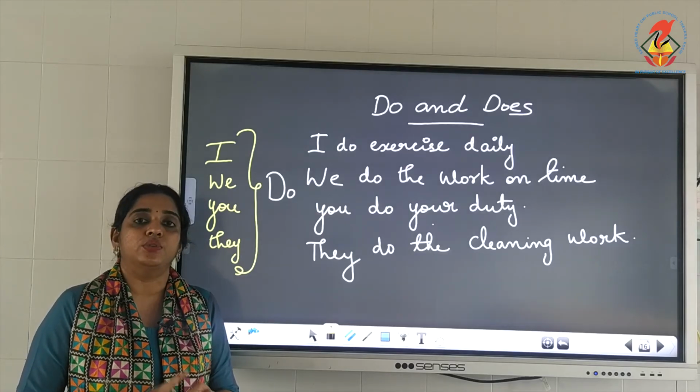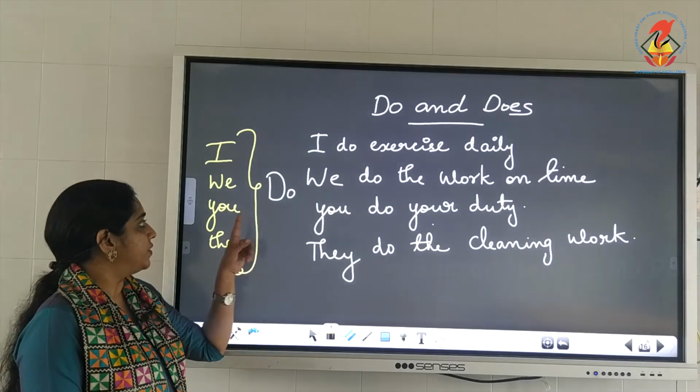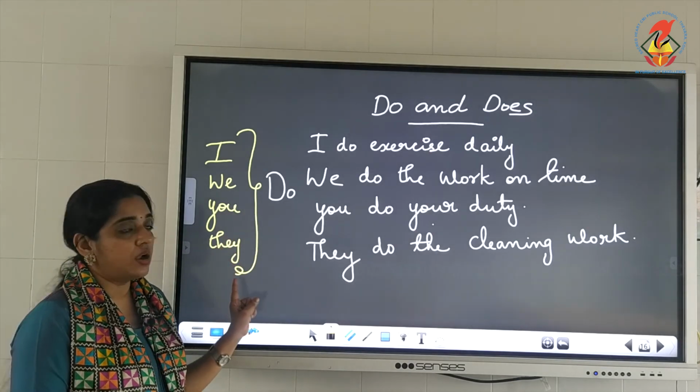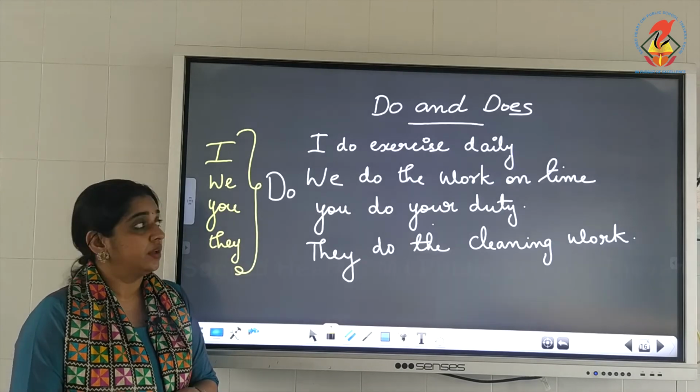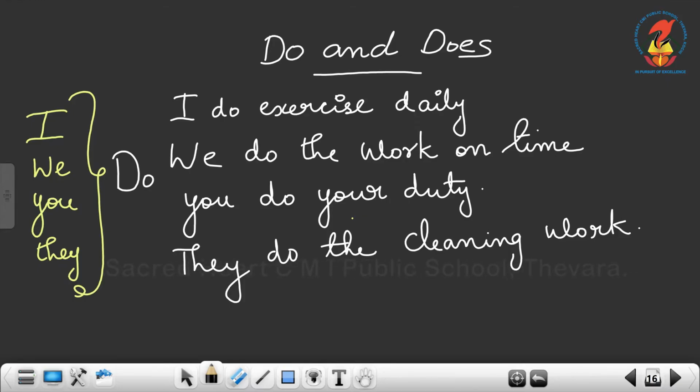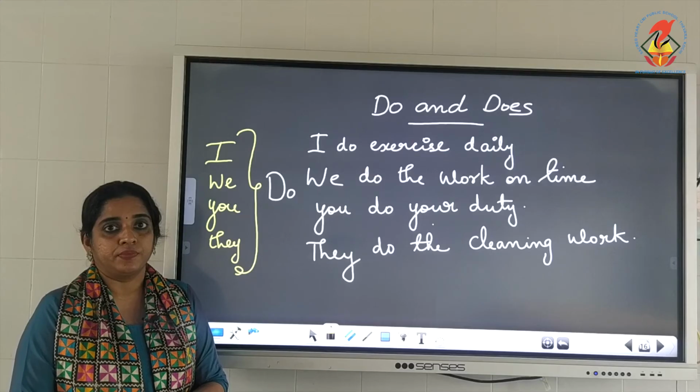For I, we, you, they and all plurals also you have to use do. See the example: I do exercise daily. We do the homework on time. You do your duty. They do the cleaning work. So, for all these pronouns and also plurals.